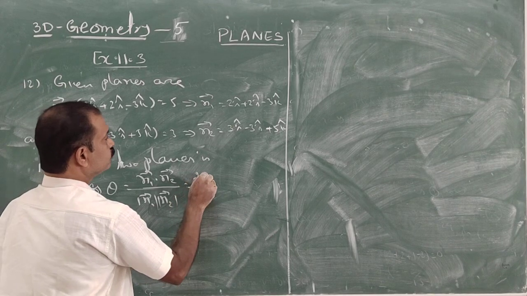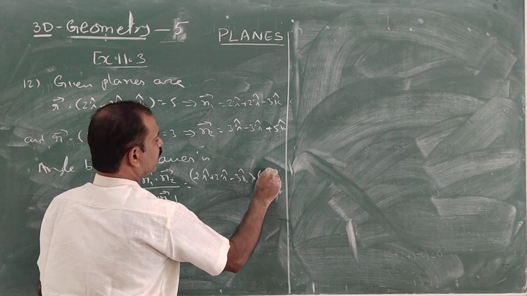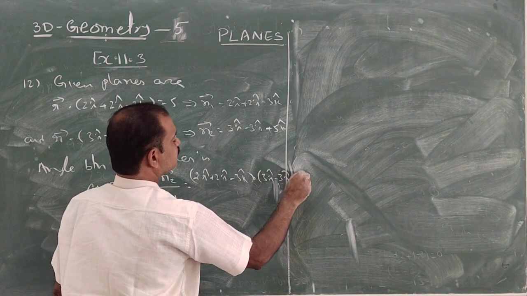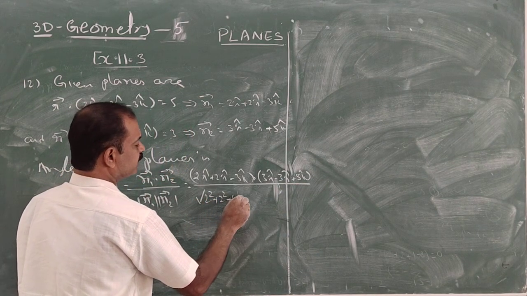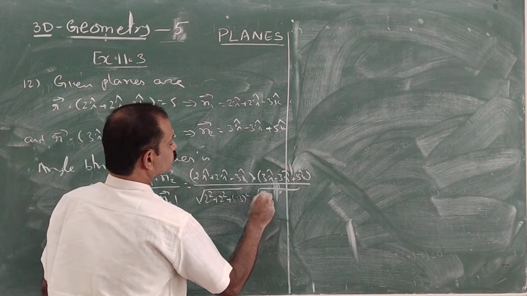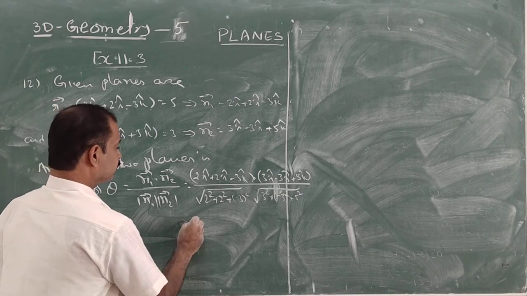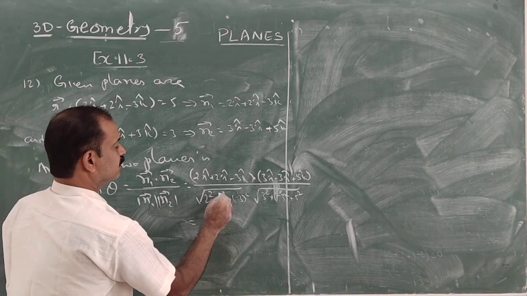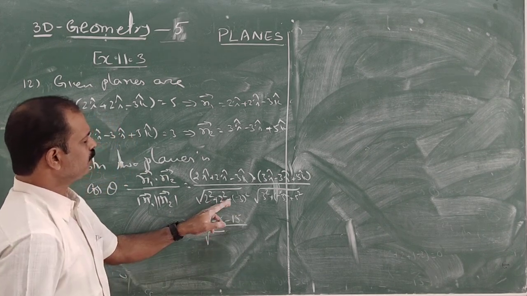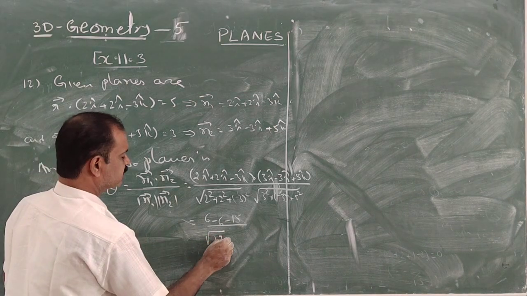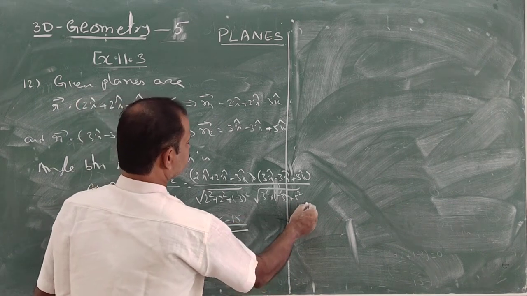So this is (2i plus 2j minus 3k) dot (3i minus 3j plus 5k) divided by root of (2 squared plus 2 squared plus minus 3 squared) times root of (3 squared plus minus 3 squared plus 5 squared), which equals 6 minus 6 minus 15 divided by root of (4 plus 4 is 8, plus 9 is 17) times root of (9 plus 9 is 18, plus 25).